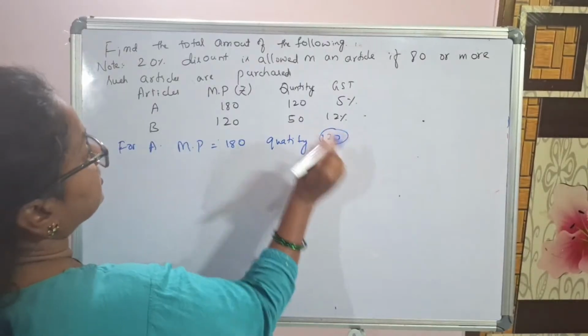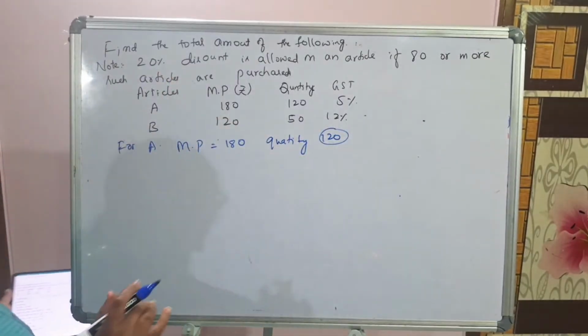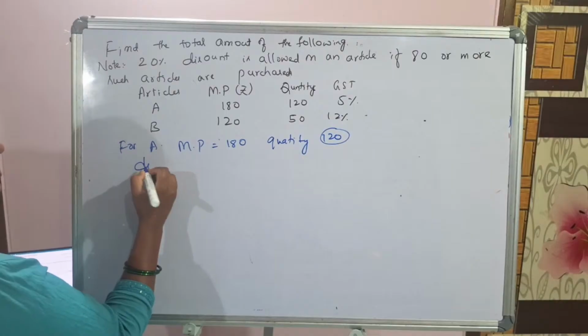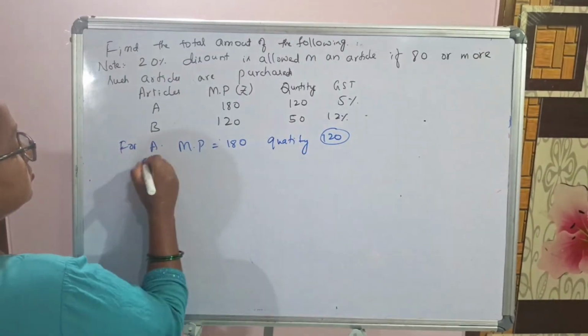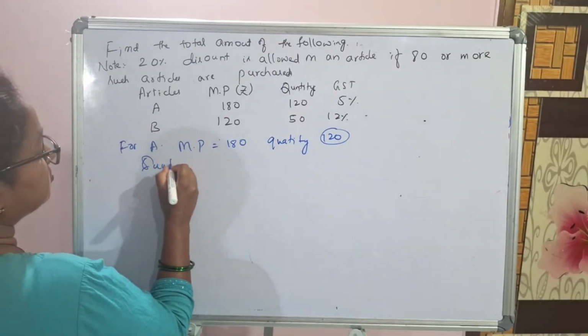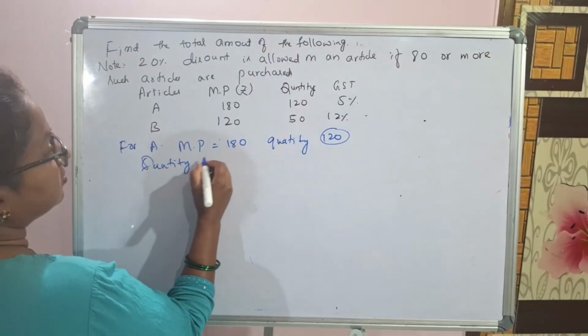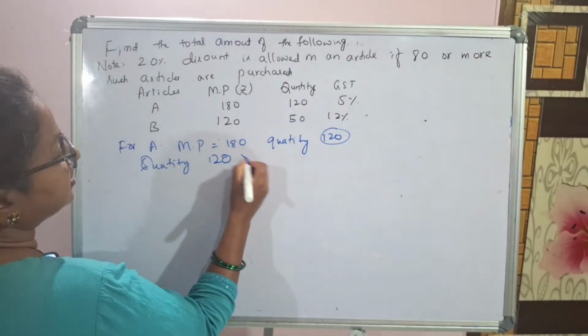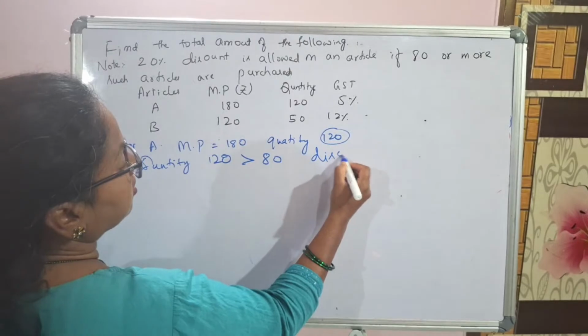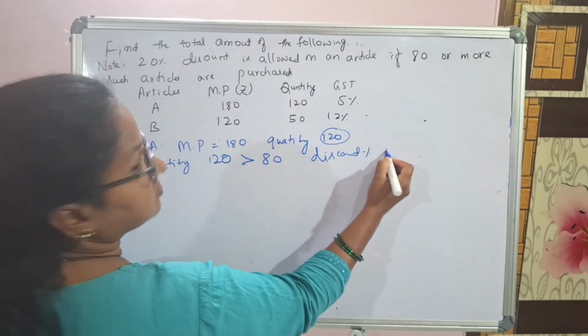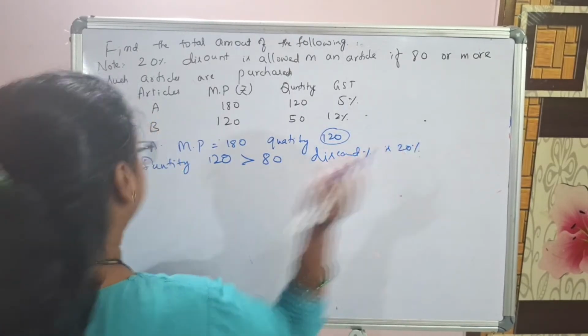Here the discount of 20% is applicable because the quantity is 120, which is greater than 80. So the discount percent is 20%.